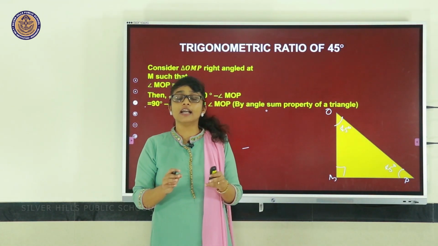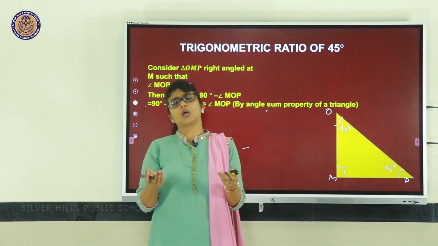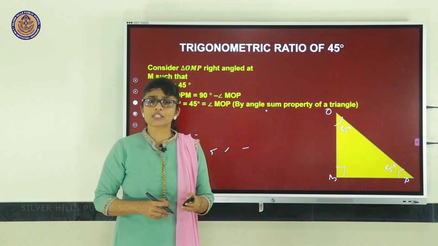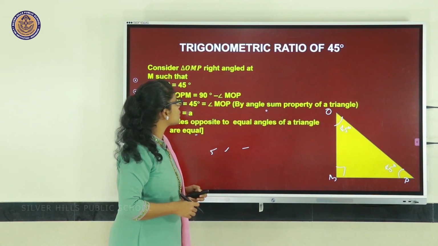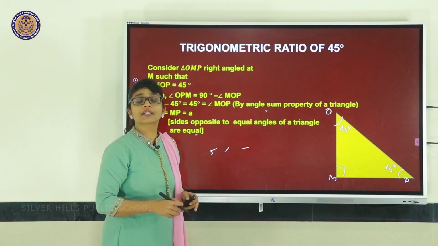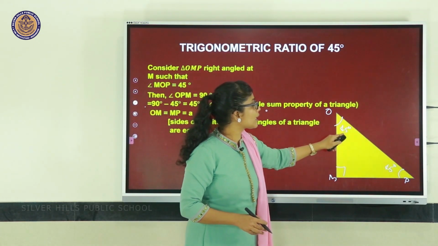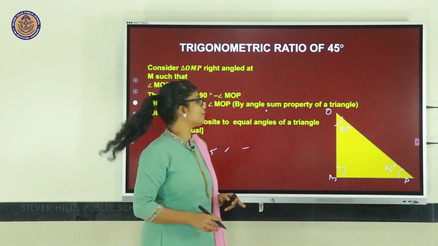In a triangle, when two angles are equal, then it is called what? An isosceles triangle. What is the importance of an isosceles triangle? Angles opposite to equal sides of a triangle are equal. Here, angle O equal to 45 degree and angle P also 45 degree.